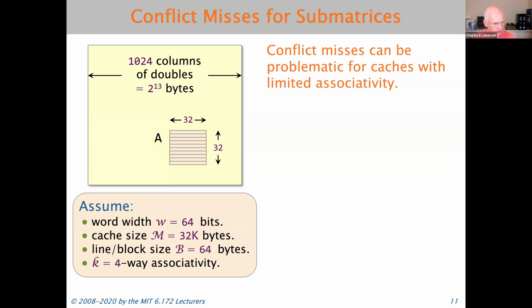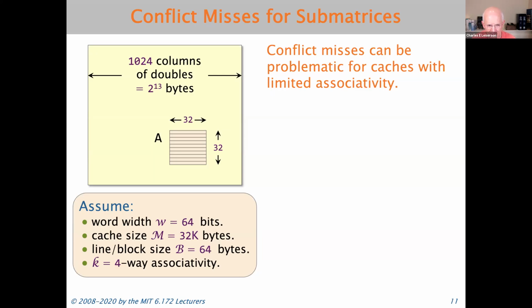Those are pretty typical numbers for processors. Now, if you think about it, that means the submatrix A comfortably fits into the cache, because it only has 32 by 32 elements times 8 bytes, and if you multiply it out, that is just 8 kibibytes. And the cache holds 32 kibibytes.